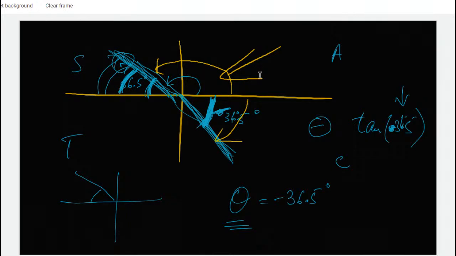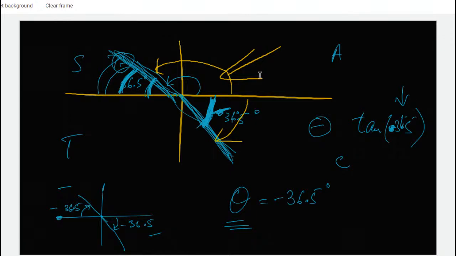Do you see this positive that I've drawn in the bottom left corner? First of all, these are the two quadrants in which tan would be negative, right? So this is one value. Here if I go anti-clockwise, if above is positive, below is negative, so this minus 36.5 will give me one value. Just bear with me for one moment. Okay, this you get, right? And from where, if I go from this to here, agree?